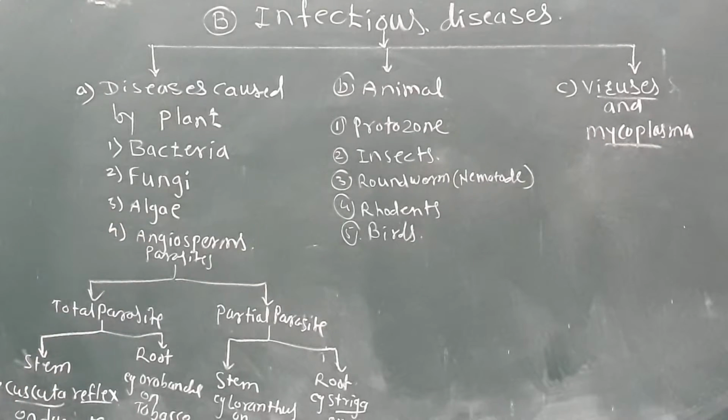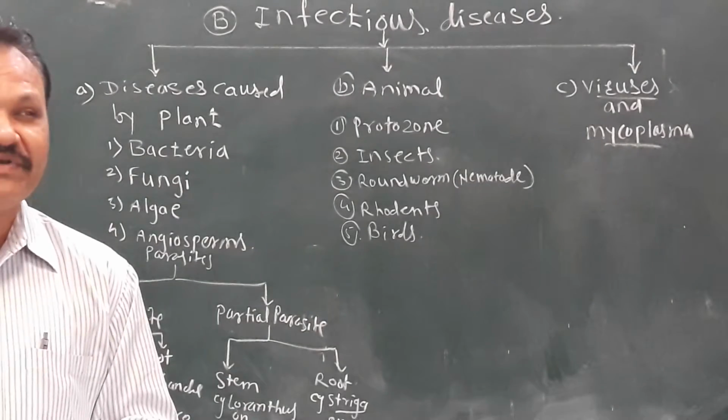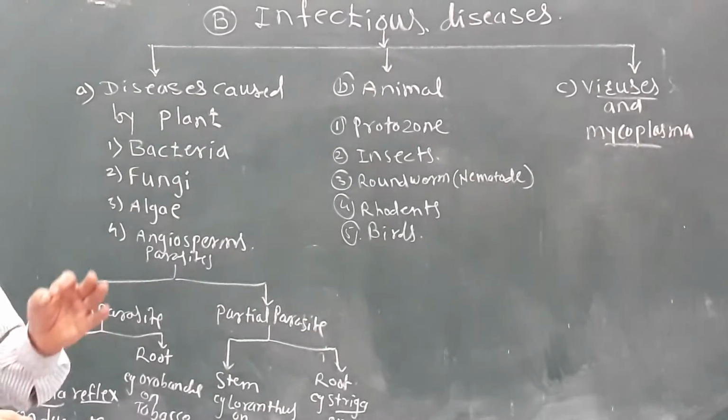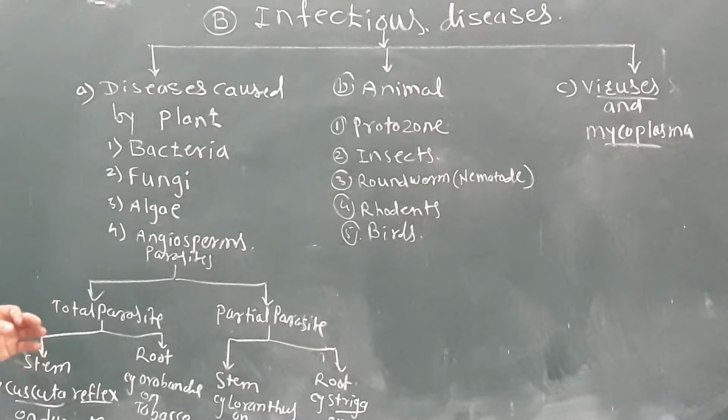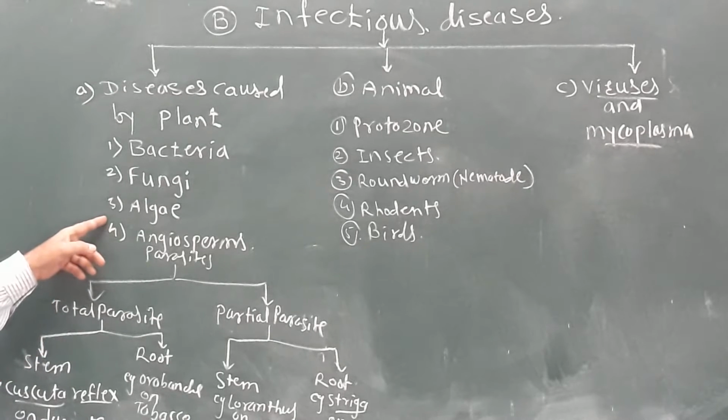Then algae. Algae are generally autotrophic in mode of nutrition, but there are many algae that can cause disease. Diseases like the rust of coffee, or sometimes leaf spots which can form on the coffee plant as well as on mangoes, can be produced by algal pathogens.